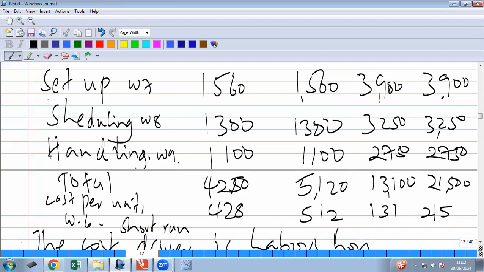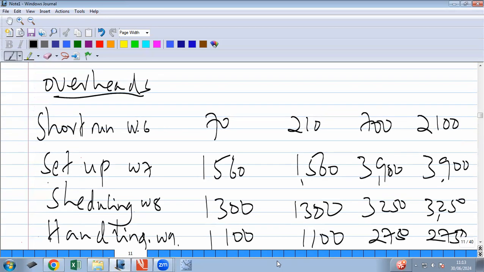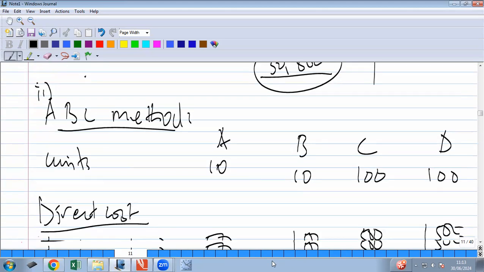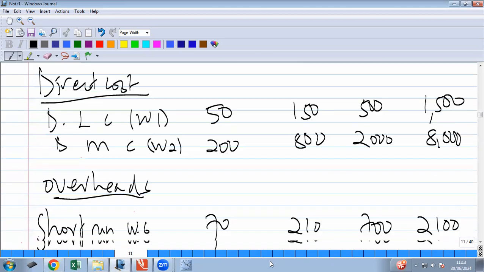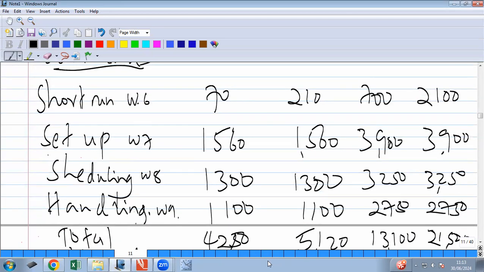So guys, this is what they wanted you to do under absorption and under ABC. But how will you make a distinction? Between these two, you look at the overheads. Let us look at the ABC in particular. How many units for A? 10. For B, 10. C, 10, 10. But when you look at the overhead allocation under ABC, where you have fewer units, you have less cost for overheads.